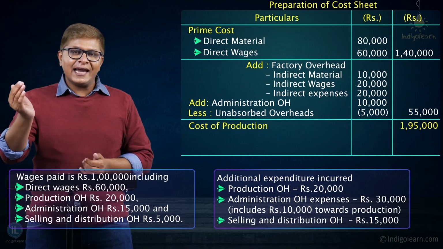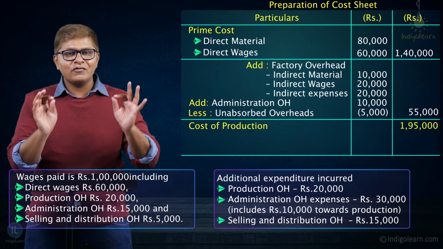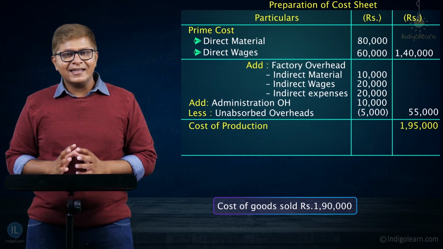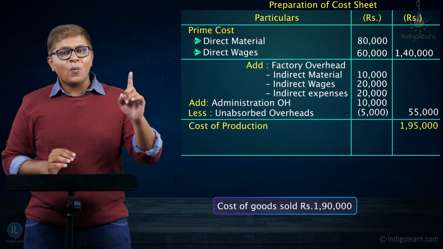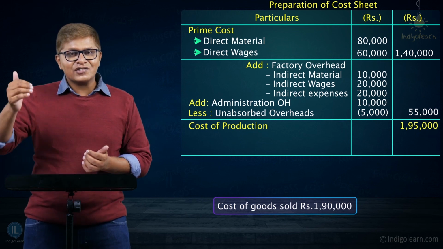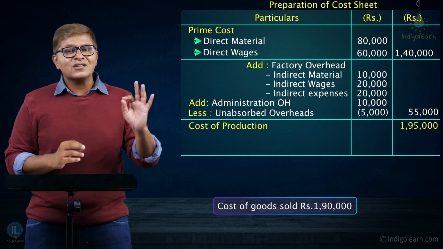That will give us 1,85,000 plus 10,000, 1,95,000 as the cost of production. Now out of this cost of production, they are saying we have sold goods worth rupees 1,90,000. So to the cost of production, if we adjust for opening stock and closing stock, we are going to get the cost of goods sold.